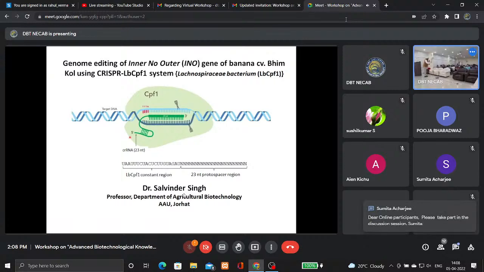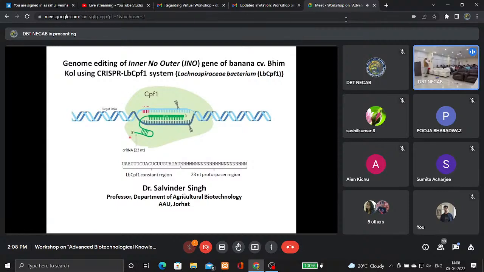So one of the prerequisites for any genome editing is that whole genome sequencing is a must. Then only you can go to the whole genome, find those mistakes, and correct them.